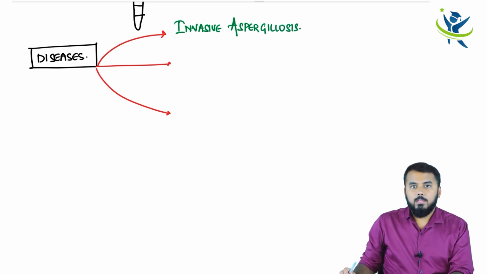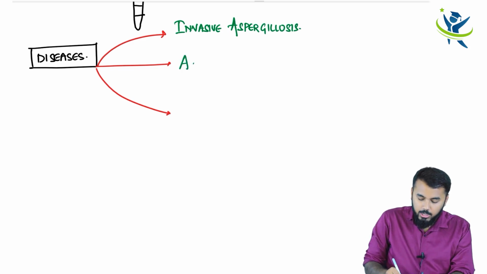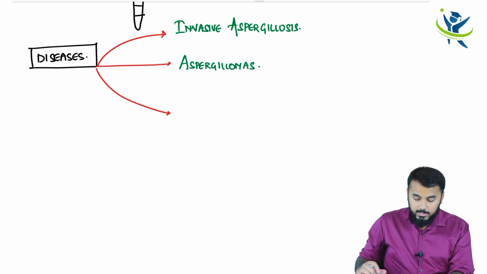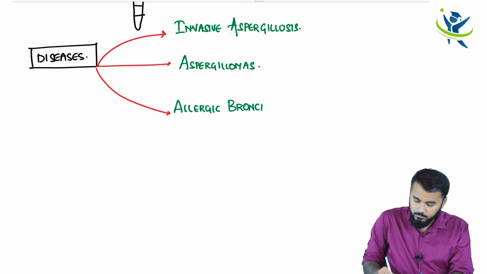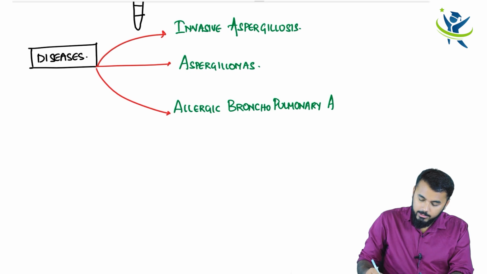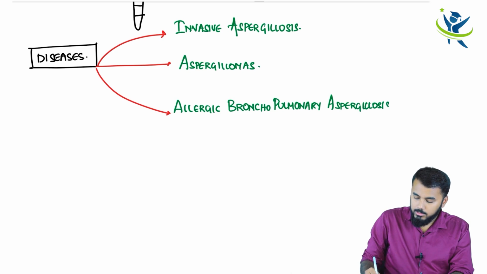The second one is aspergillomas. And the third disease is allergic bronchopulmonary aspergillosis, simply called ABPA.